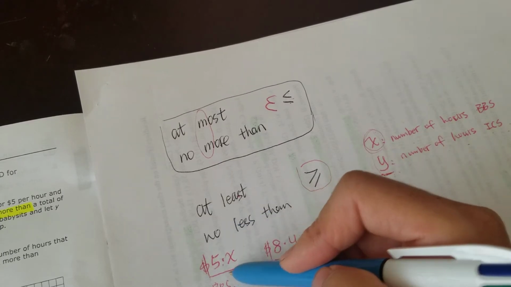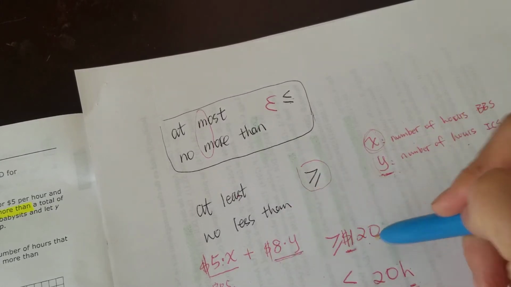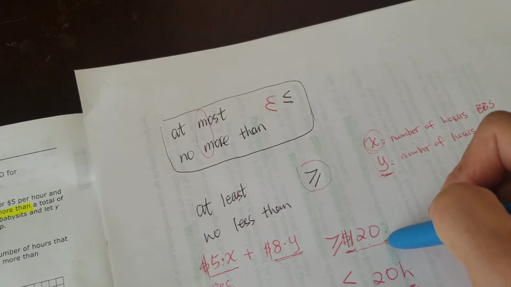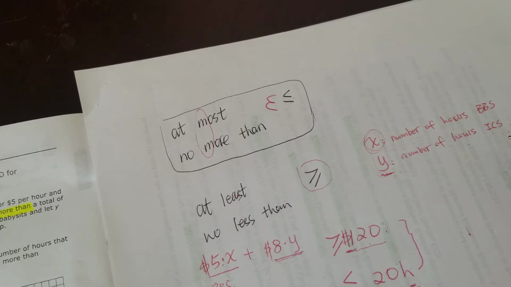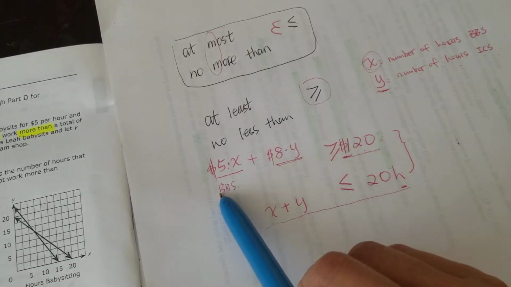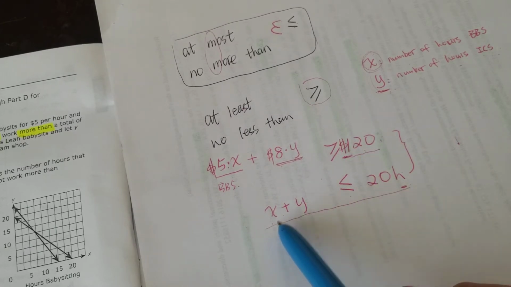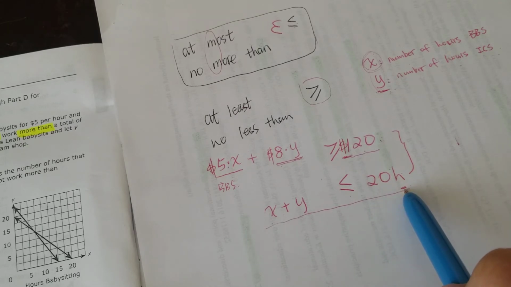Then, add those two jobs together, she needs at least $120 per month to make a living. And then we set up that inequality system. So money plus money matches money on the right. Hours plus hours matches the hours on the right.